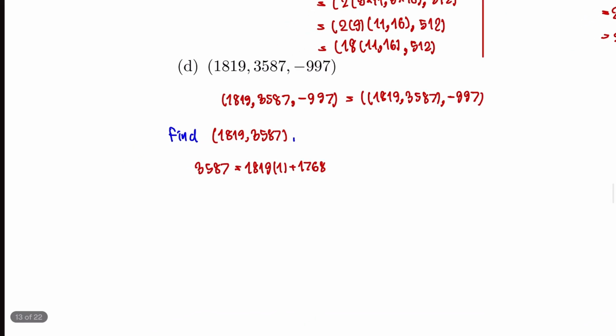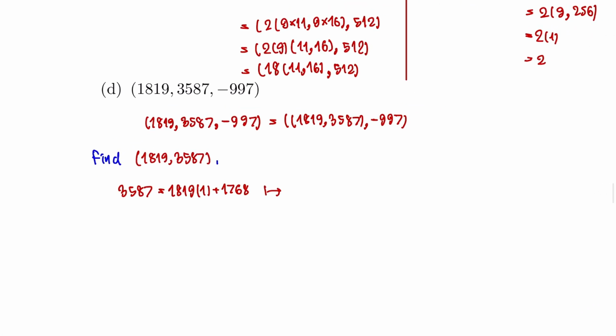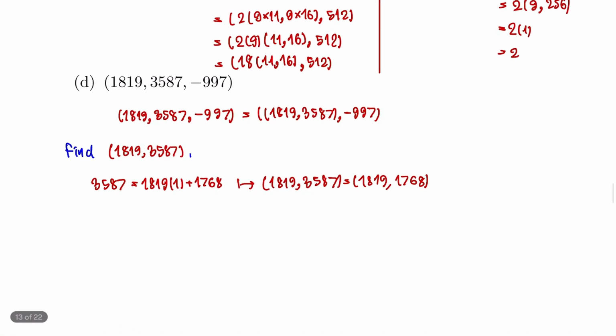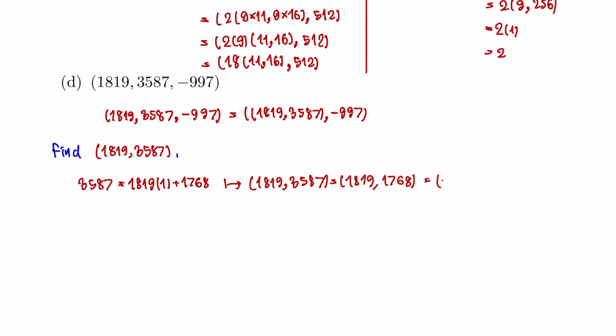Okay, so 3587 is 1819 plus 1768. Now let's divide 1819 by 1768.